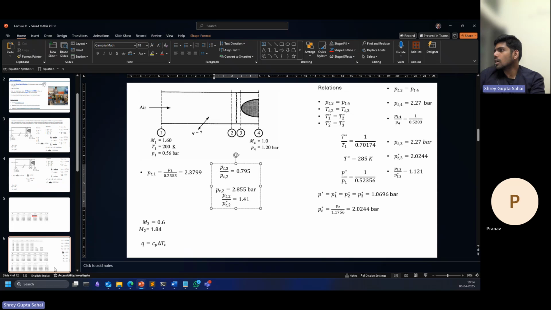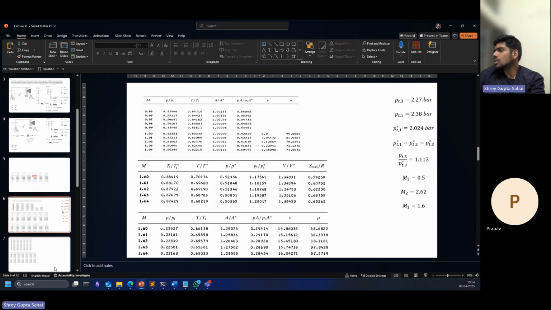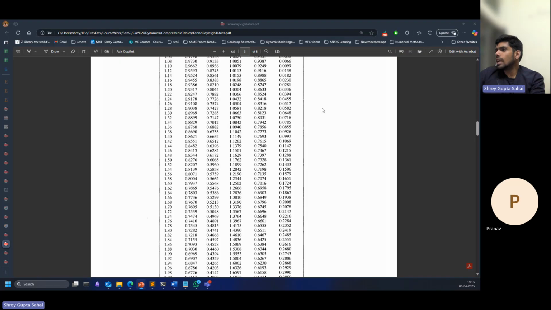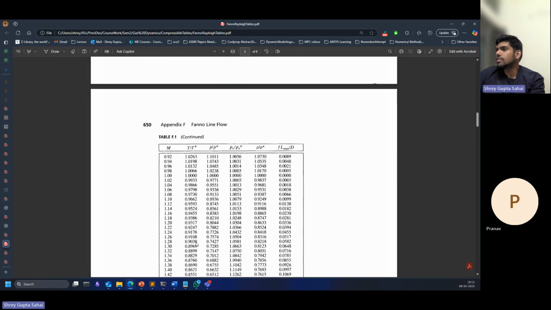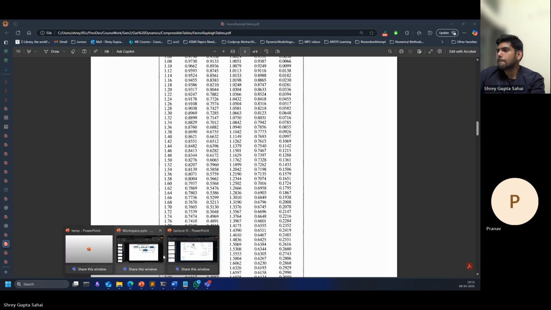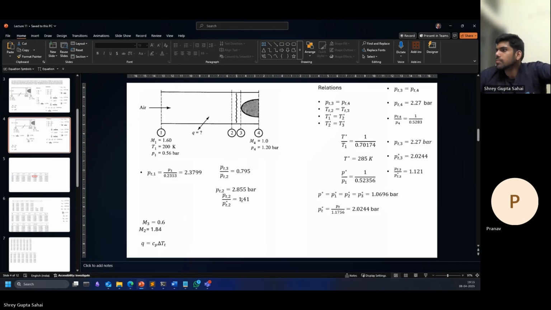0.7155. Let me check what is Mach 2 once. Mach 2 should not be 2.6. Anyway, that entry for T star is 0.7155.